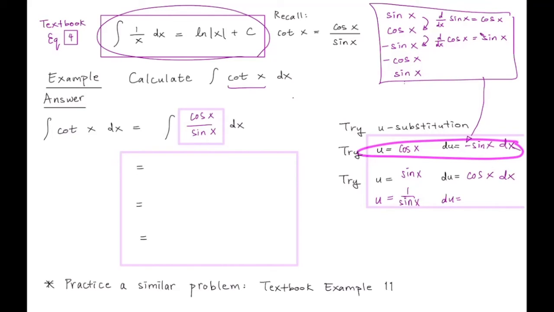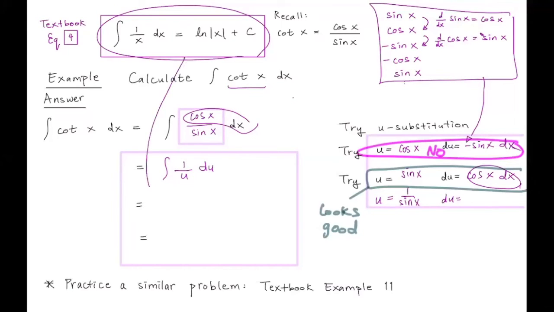So if I try to do u substitution here, I will have 1 over u, and then I'll have du because I can replace cosine x dx with du. So that looks good. So let's use this one.